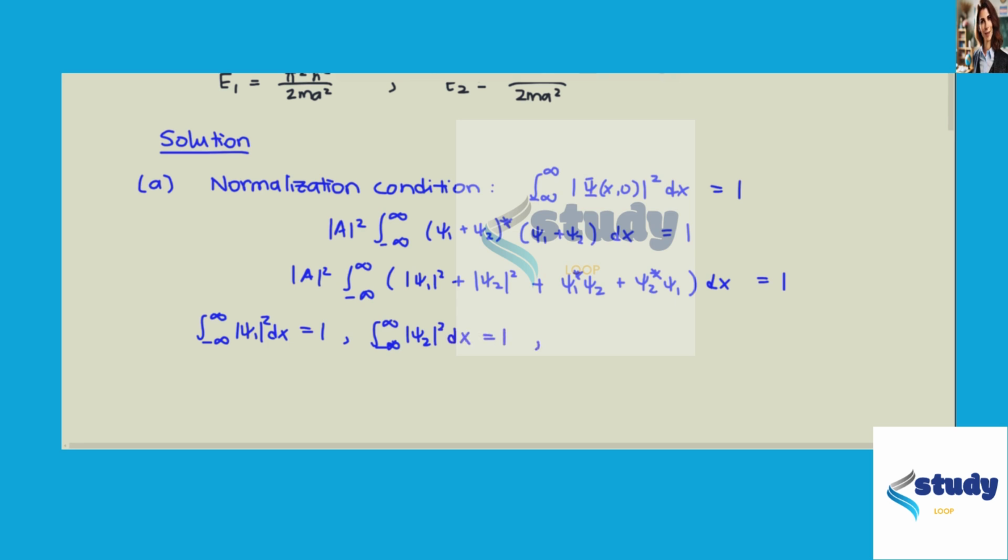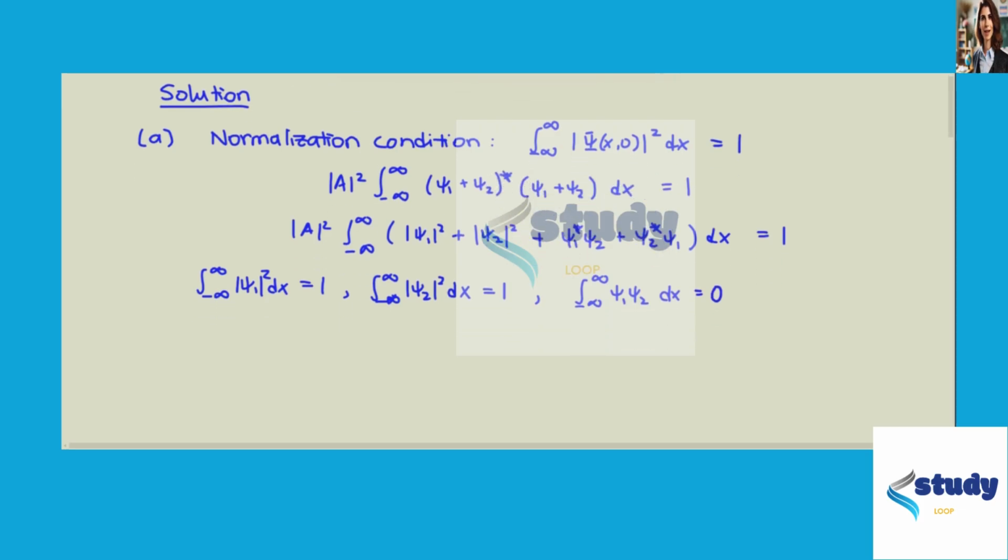Psi 1 and psi 2 are orthogonal to each other, so the integral of psi 1 psi 2 dx is equal to 0, and similarly for psi 2 psi 1. So we get 2 times mod A squared is equal to 1, which means that mod A is equal to 1 over root 2. This is our normalization constant for part A.